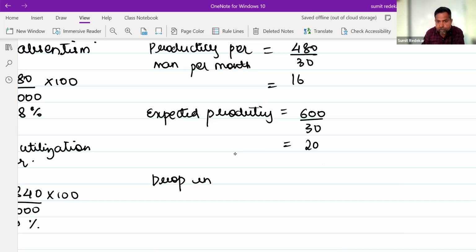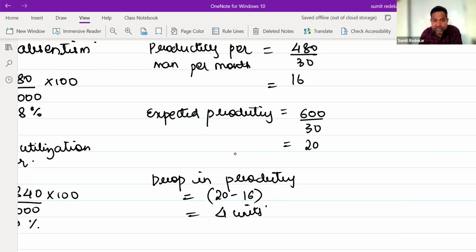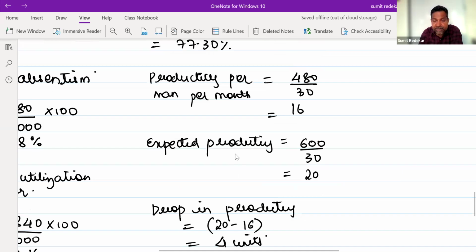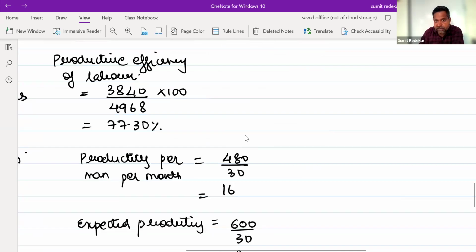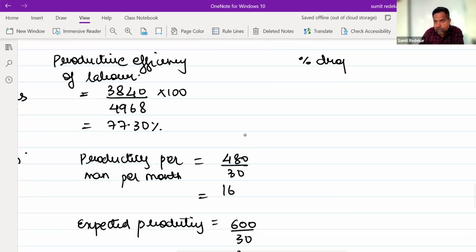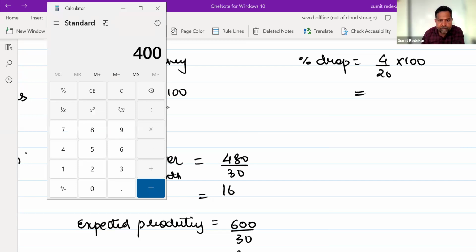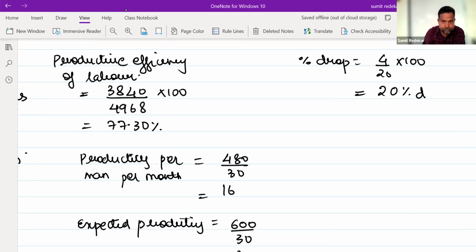So drop in productivity is, it has gone from 20 to 16. So I can say 4 units. Now that is a unit drop. What percentage has it dropped? It has dropped from 20 to 16. So percentage drop is 4 out of 20 into 100, which is nothing else but 400 divided by 20, which is a 20% drop.